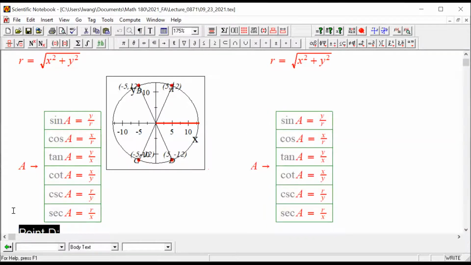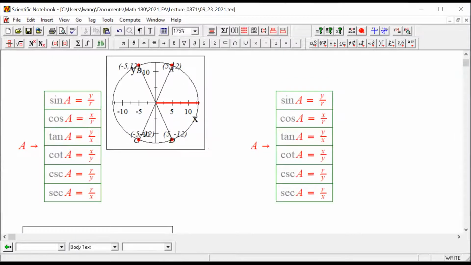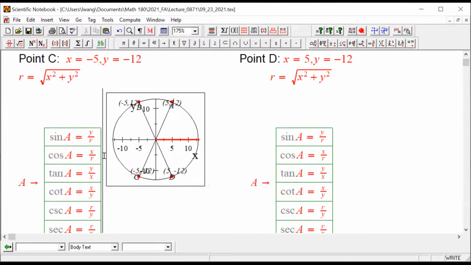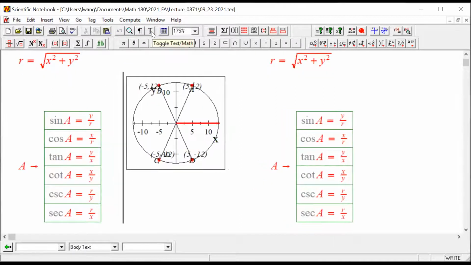One is for point A, and then one is for point C, and the other one is for point D. Okay, so the points are there.